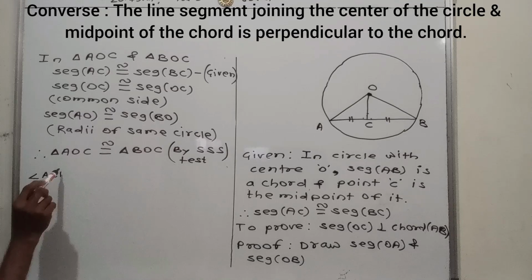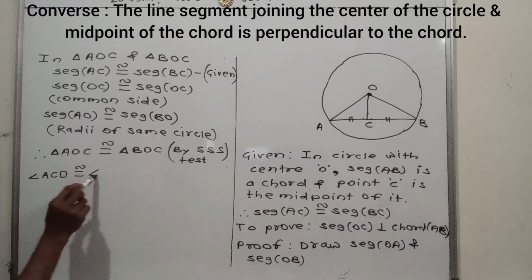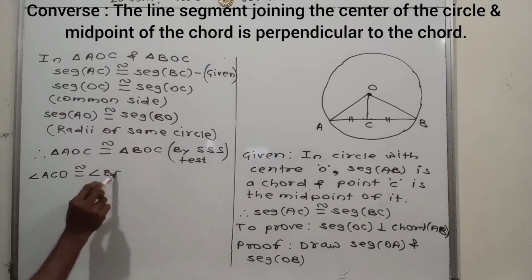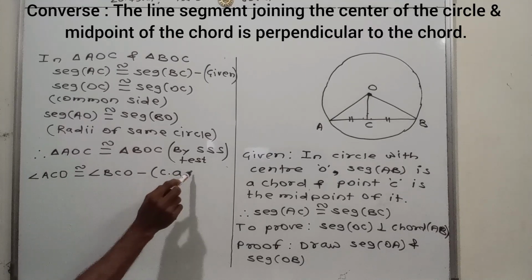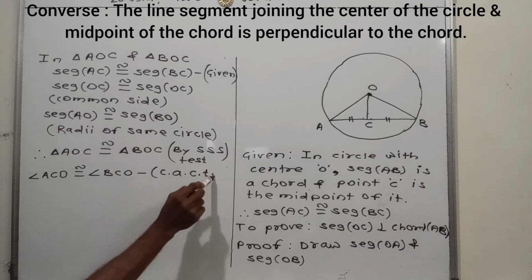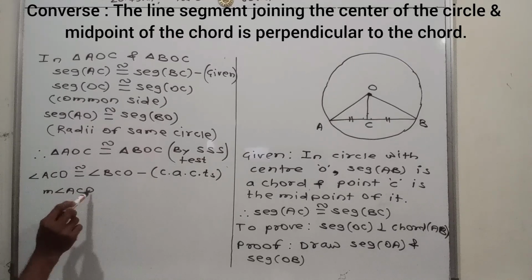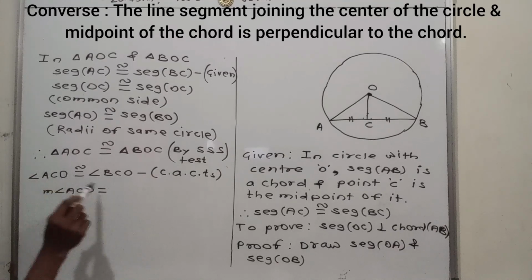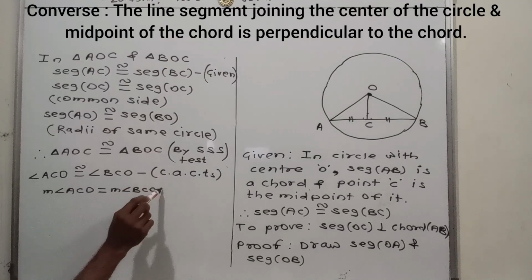Angle ACO congruent to angle BCO, corresponding angles of congruent triangles. Now these are congruent here, but we write simply afterwards: measure of angle ACO is equal to measure of angle BCO.